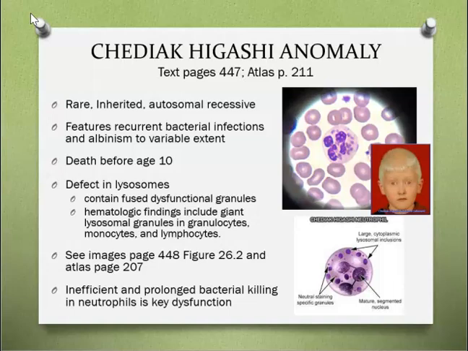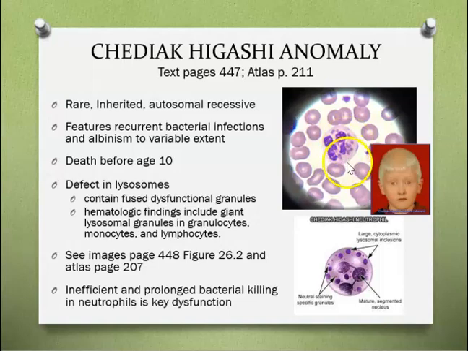So they're not able to properly do their job, because usually our neutrophils are able to kill off our bacteria, and they're not able to do their job when they are affected by this anomaly. So let's actually look at the image of a neutrophil that's being affected by the Chediak-Higashi anomaly.